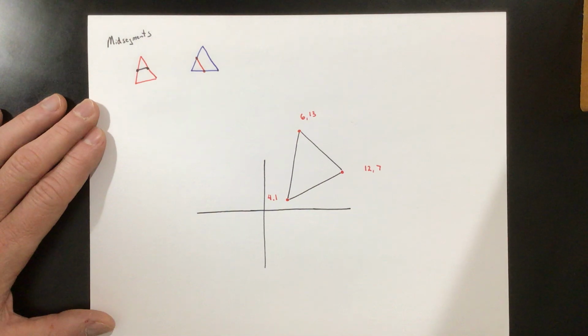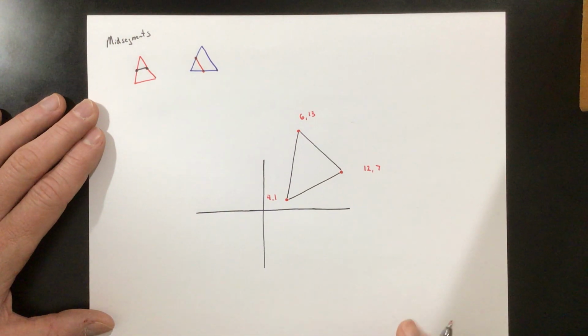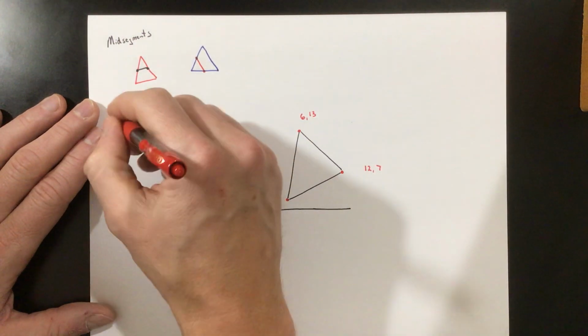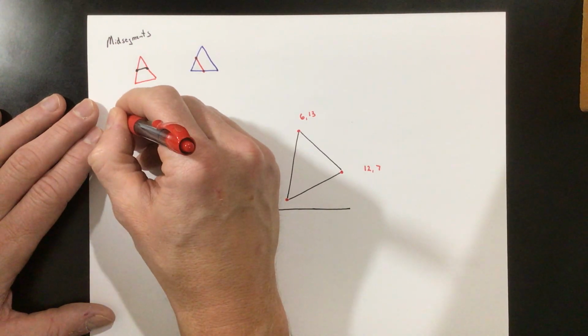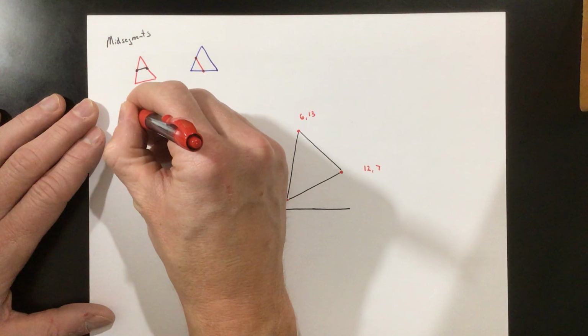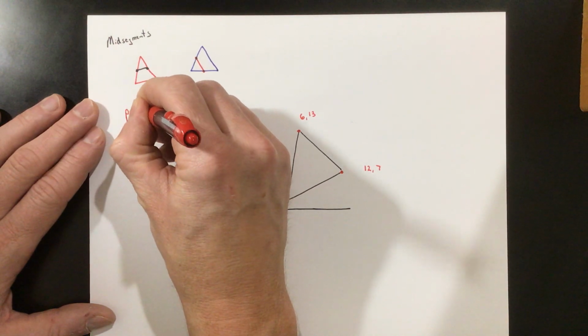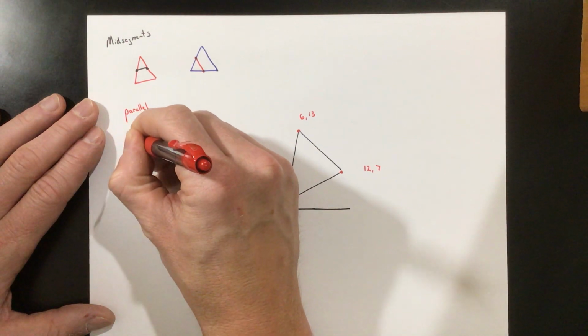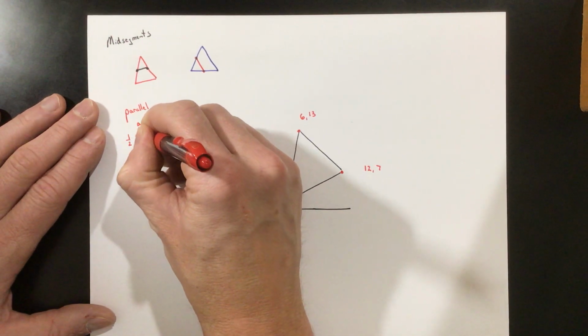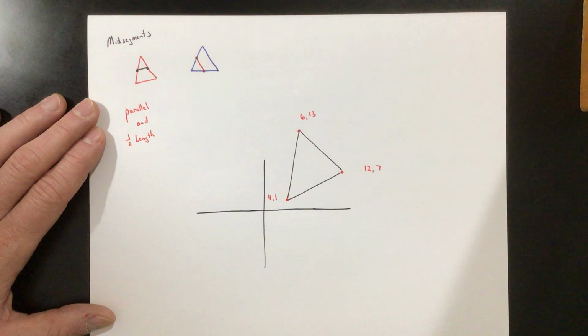Okay. What we want to show is that the midsegment of a triangle has two properties. It is parallel and half the length of the corresponding side.